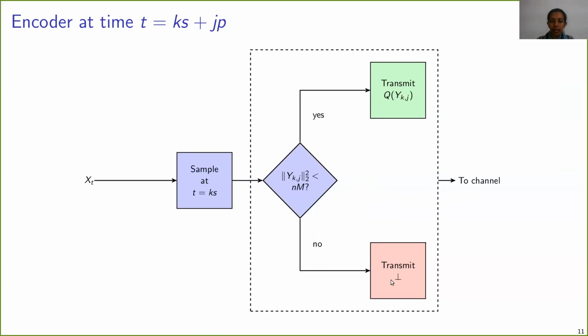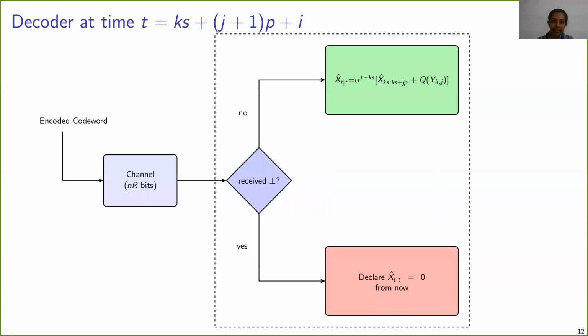And this transmission of this symbol facilitates our theoretical analysis. Next, at the decoder, it keeps on checking whether it has received the special symbol indicating the encoder failure or not.